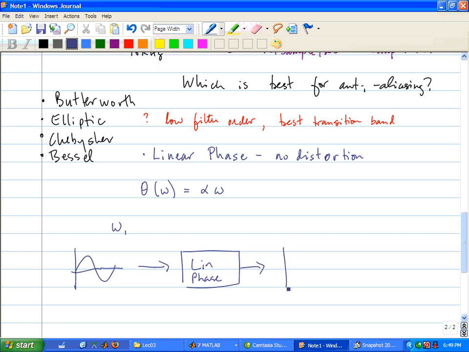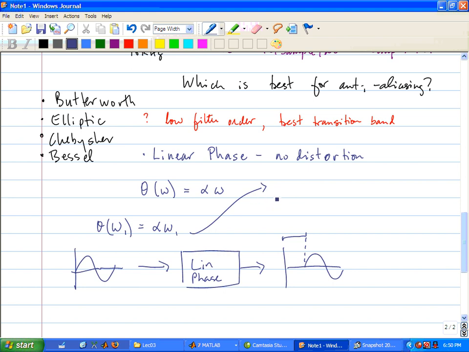And something's going to come out the other end. Let's see if we can see what this phase lag is. For this frequency, we know the phase lag is going to be alpha times omega 1 radians. How many seconds does that correspond to?